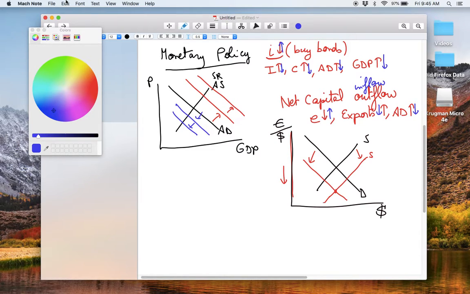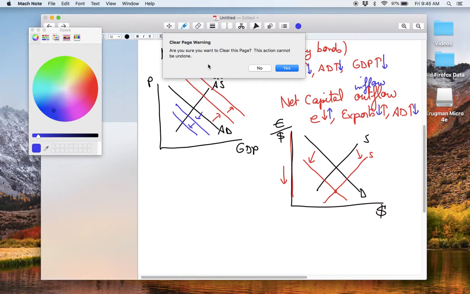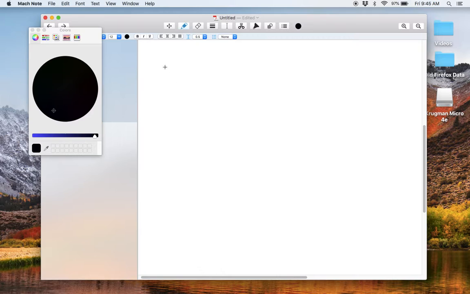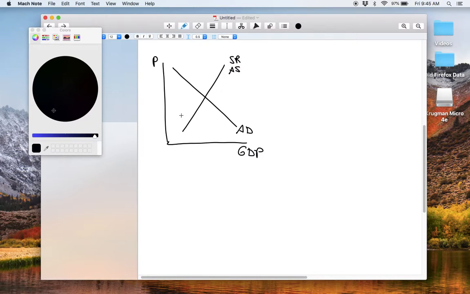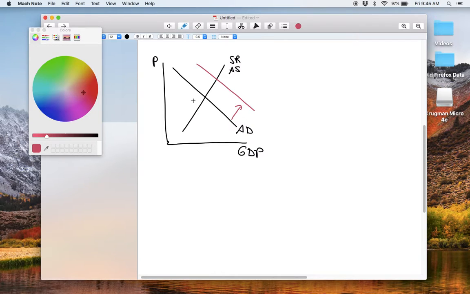The last item that I wanted to clarify is that whenever you have an increase in the economy, so GDP increases, people have more money, so they will buy more of everything, including imports.